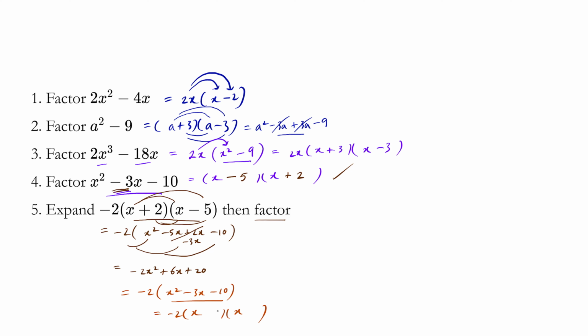What times what is 10? It adds to be negative 3. Let's try 5 and 2. And we know that the winner is negative, so we put a negative sign here. Let's try a plus sign here. Yes, these multiply to be this, and they add to be this, the coefficient of x. So we went full circle, we expanded, and now we factored.